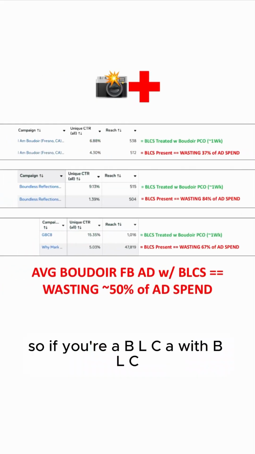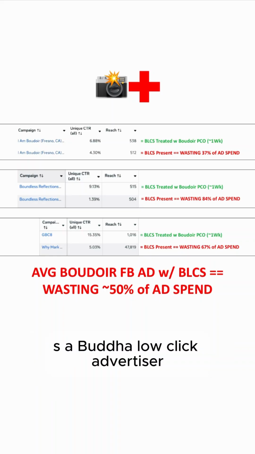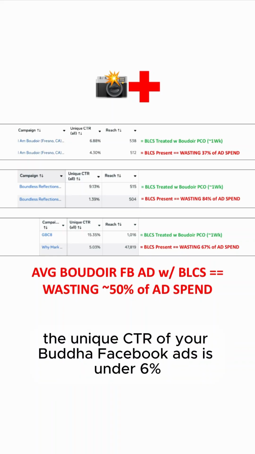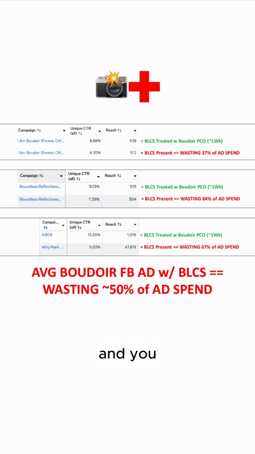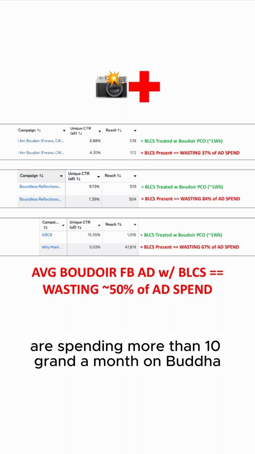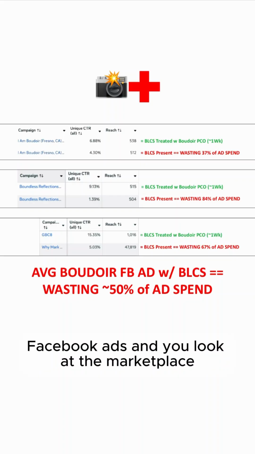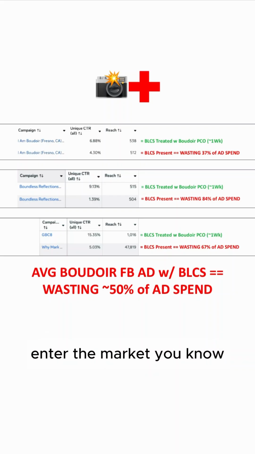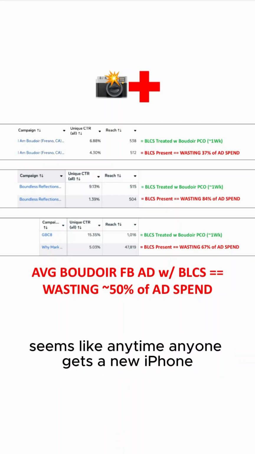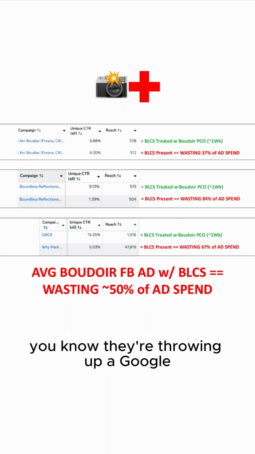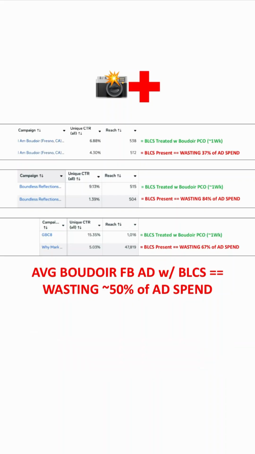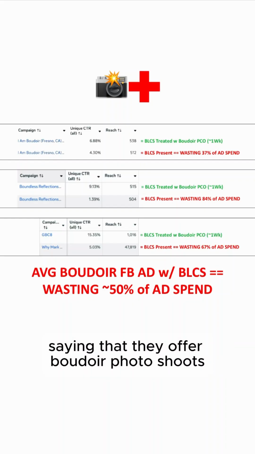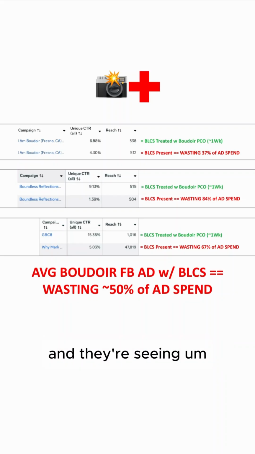So if you're a BLCA with BLCS, a Boudoir low click advertiser with Boudoir low click syndrome, the unique CTR of your Boudoir Facebook ads is under 6%, and you are spending more than 10 grand a month on Boudoir Facebook ads, and you're looking into the marketplace, seeing more and more Boudoir photographers enter the market, seemingly every day. Seems like anytime anyone gets a new iPhone, they're throwing up a Google My Business profile saying they offer boudoir photo shoots.